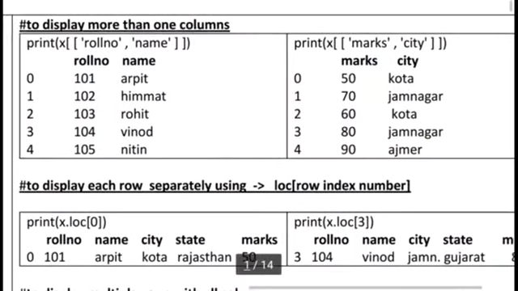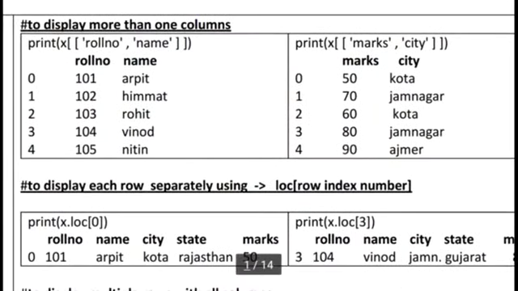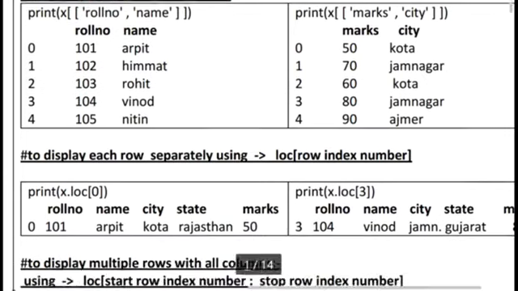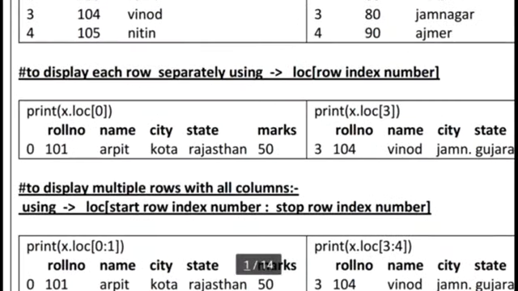So here you can see we already display a whole table, we can display a single column, and we can display more than one column using outer or inner square brackets. But suppose I want to display row by row, here we can use loc. Loc means location.